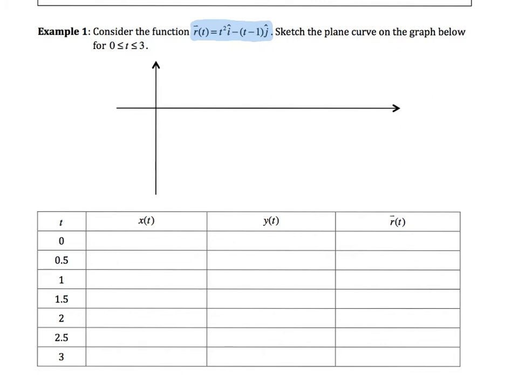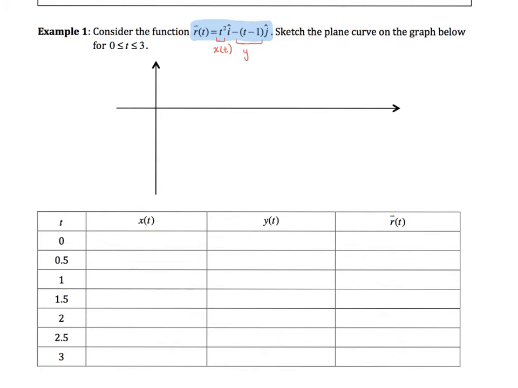That is the function attached to your horizontal unit vector, right, that will generate the number that attaches to that unit vector, right? So this right here, the t squared, that's x of t, right? And similarly, this right here, the t minus 1 that's attached to j is y of t.